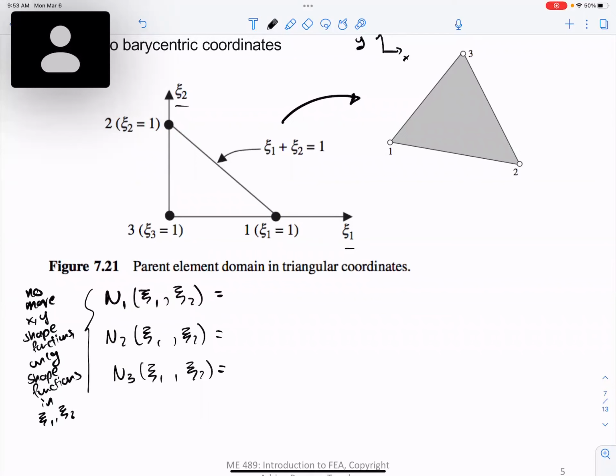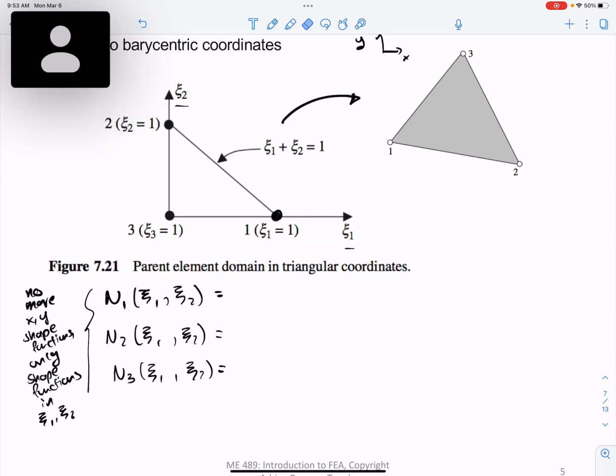And so what is the first shape function? It has to be 1 at this node, but 0 at the other nodes. Any clue? They are actually super simple in this psi 1, psi 2 space.